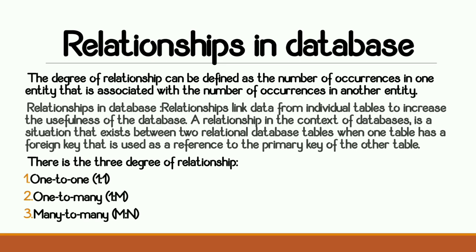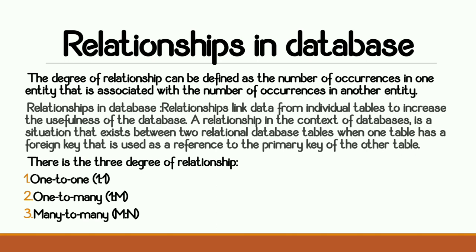A relationship in a database links the data from individual tables to increase the usefulness of the table. A relationship in the context of a database is a situation that exists between two relational database tables when one table has a foreign key that is used as a reference to the primary key of another table.